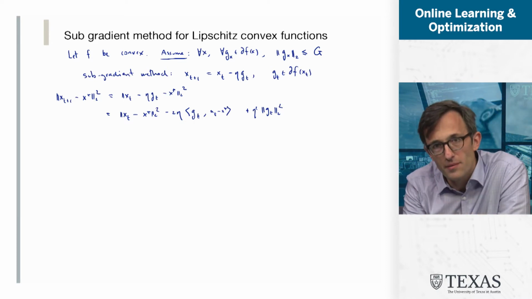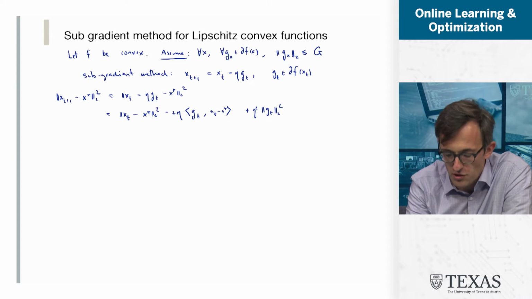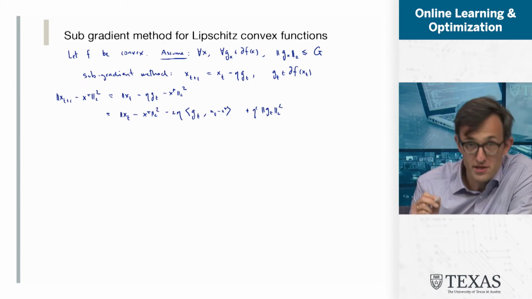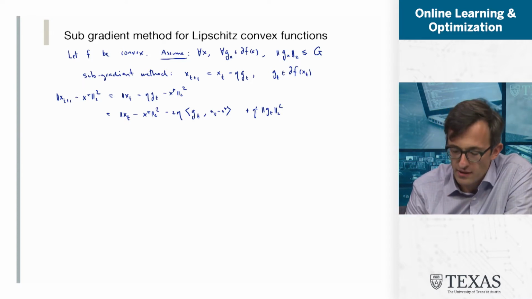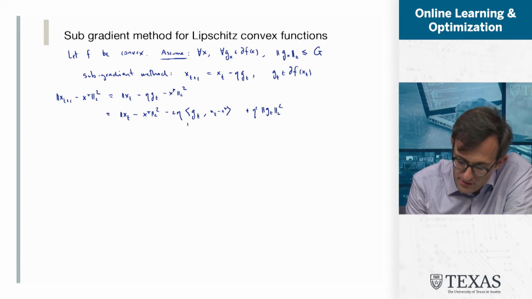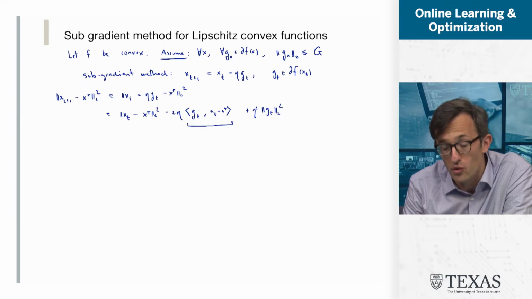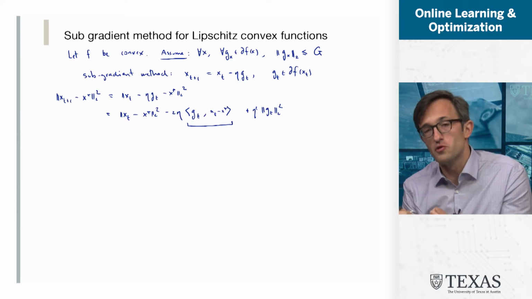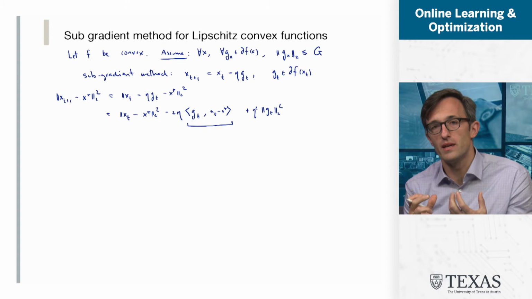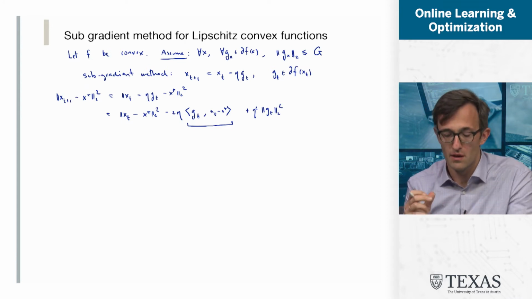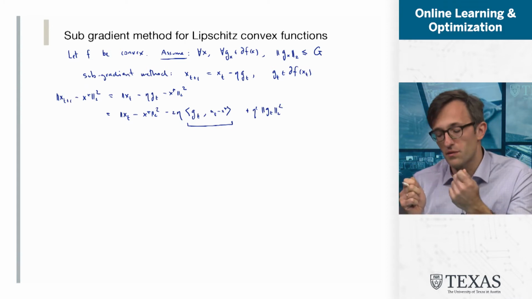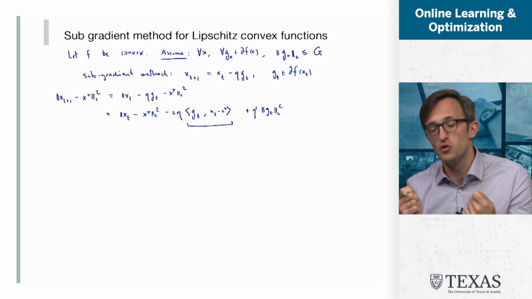Okay, second step here. We're thinking about convex functions. If it's not already, it should become ingrained: whenever you see something like a gradient or subgradient times the difference of two points, that's the key thing that we need in order to bound the difference of a function evaluated at two different points.